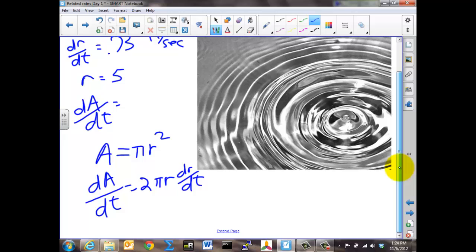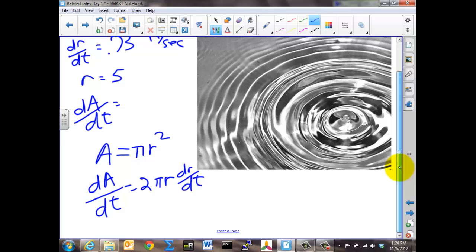It's important to put that dr/dt there. Why is it important to put the dr/dt there? We're taking the derivative with respect to time. We aren't talking about the derivative with respect to r. We're talking about the derivative with respect to time. Because the radius is changing as time goes on, the area is changing as time goes on.